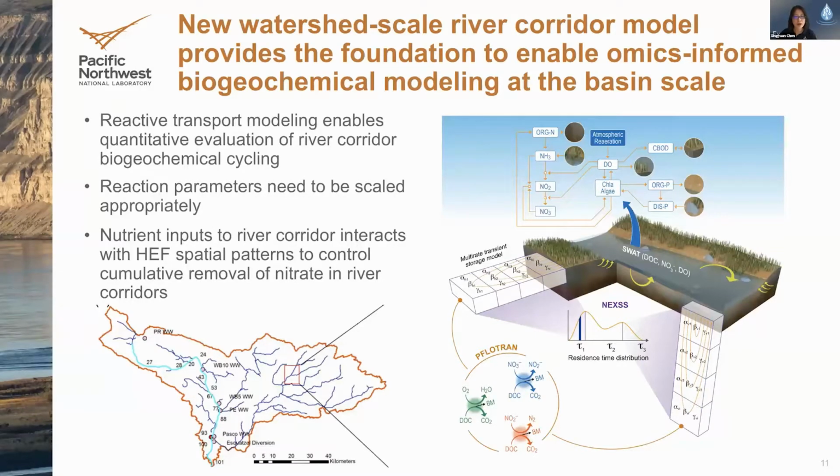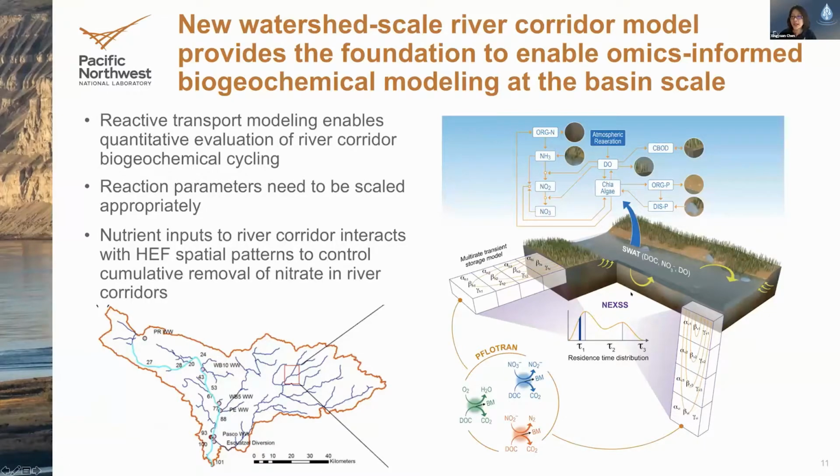So now we're talking about how we can capture all those hot spots and hot moments of biogeochemical processes at the river corridor scale. We definitely need to do a lot of simplification so that we can simulate them at that level. So what we did is we conceptualized a grid cell, or a river corridor unit.